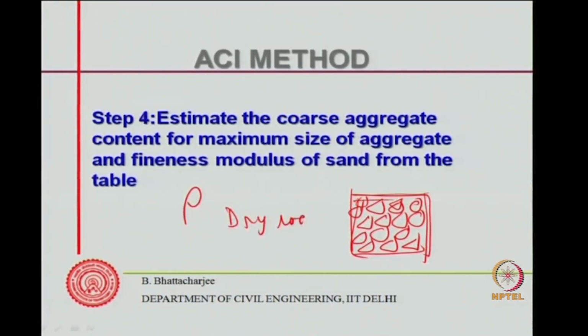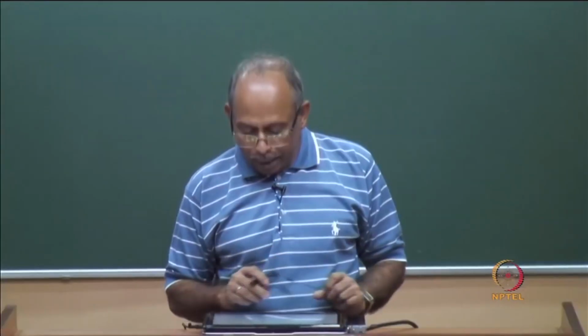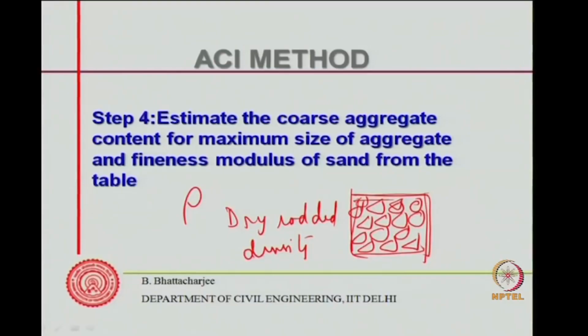So, you know the dry rodded density, that is, the mass in unit volume is known. If I know the volume occupied by the aggregates in the overall volume, and I multiply by this dry rodded density, that will give me the amount of coarse aggregate present in the overall concrete system.